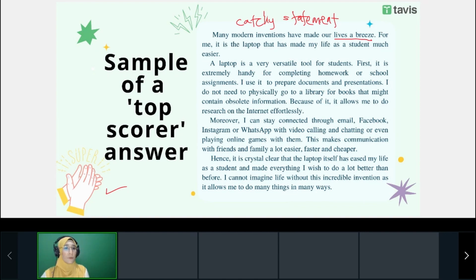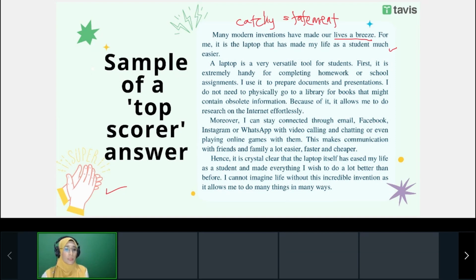Then for me, it is the laptop that has made my life as a student much easier. There you go. Doesn't it sound much better than before? Yes, it definitely is. Okay, so a good score already here. Now, a laptop is a versatile tool for students.